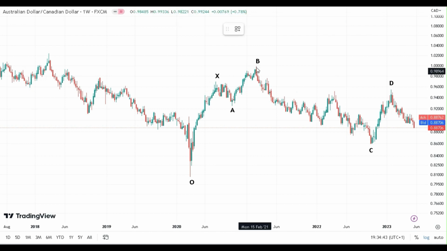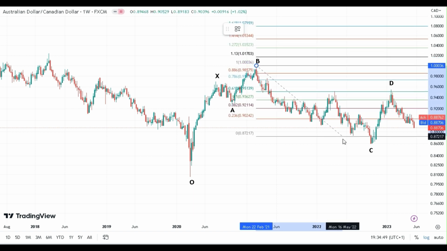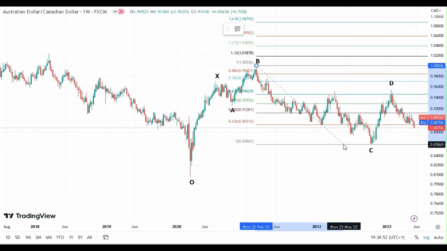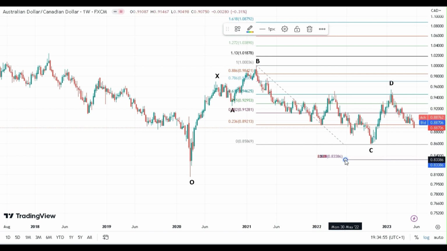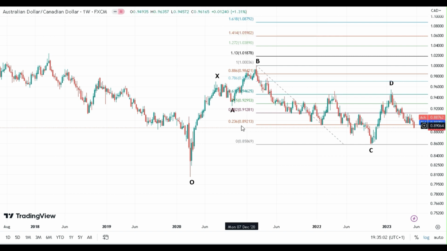This BC is from B to my C. Good. And it says D should be 0.5 of BC. This is 0.36. This is 0.32. So the third line here is 0.5. So it should be 0.5 of BC. So this should be somewhere around here.